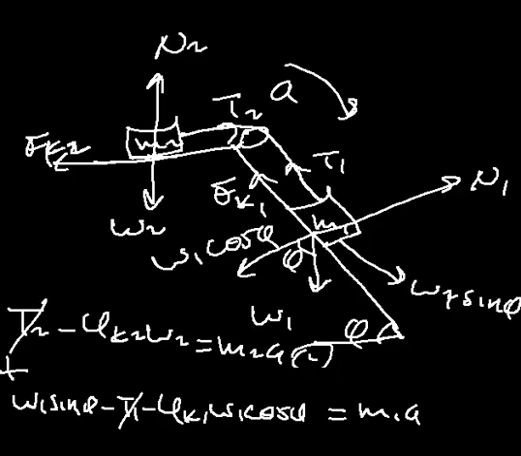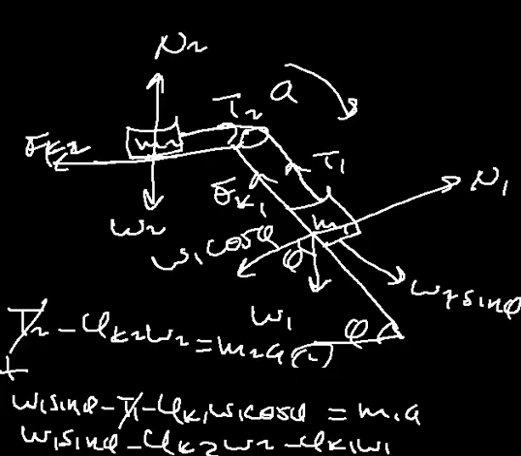We'll only have weight 1 sin theta minus mu k2 weight 2 minus mu k1 weight 1 cos theta, which is equal to mass 1 times acceleration plus mass 2 times acceleration. Then from there we can have the expression for the acceleration.